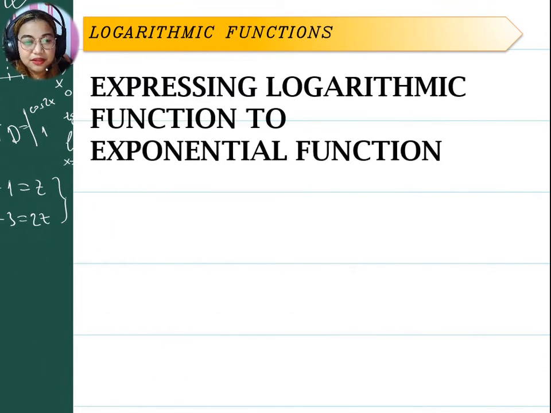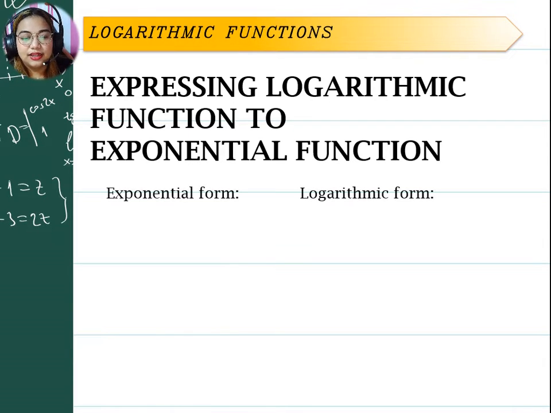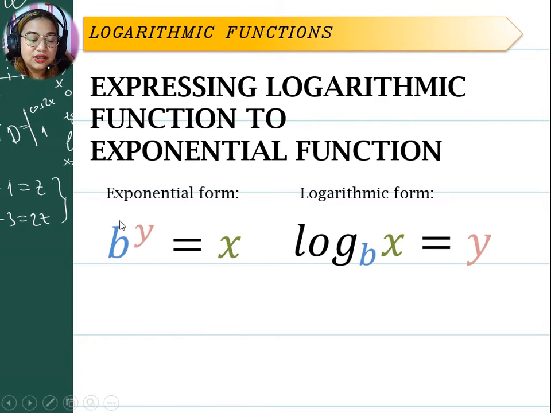So, I will be explaining how you are going to express a logarithmic function to exponential function and vice versa. In exponential form, if you still remember on exponential function, it is in the form of b raised to y is equal to x.